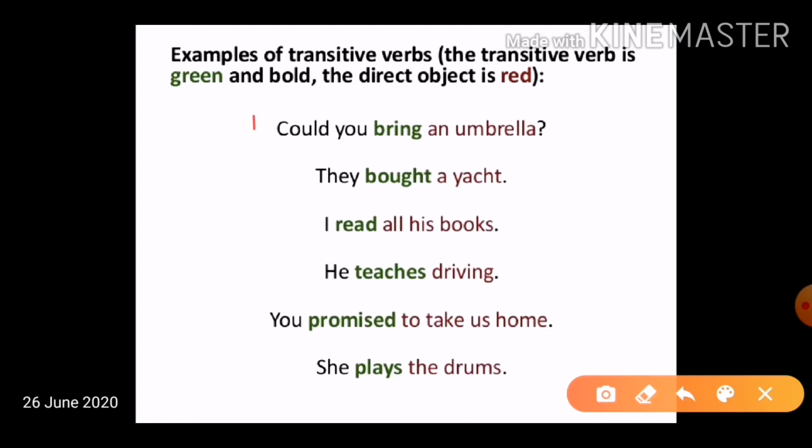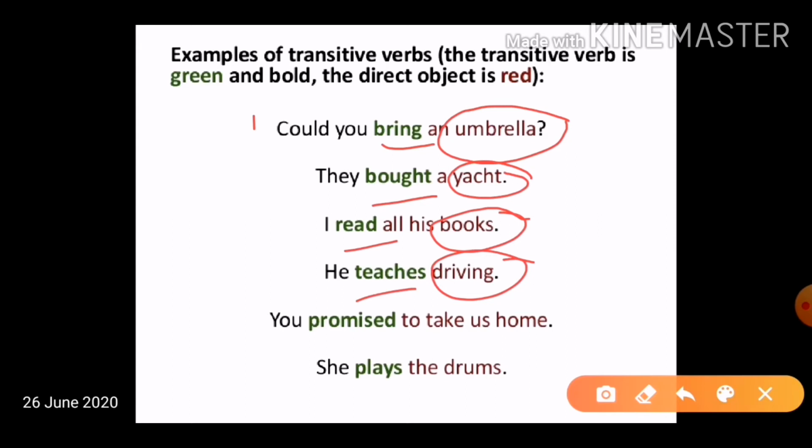The first example: could you bring an umbrella? Bring is the transitive verb and umbrella is the object here. They bought a yacht. I read all his books. He teaches driving. You promised to take us home.